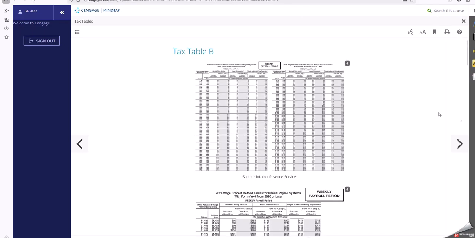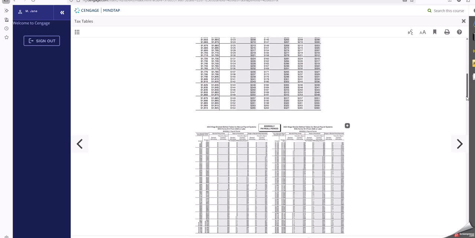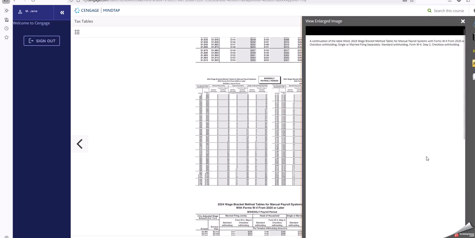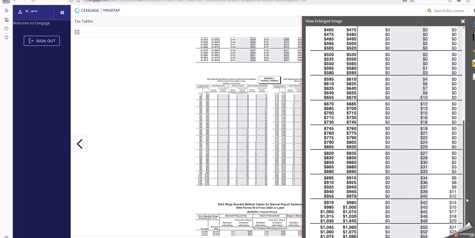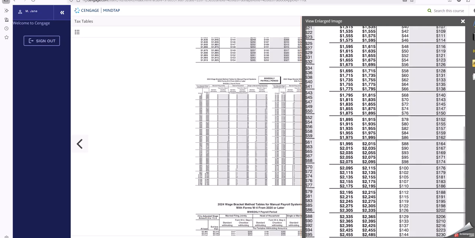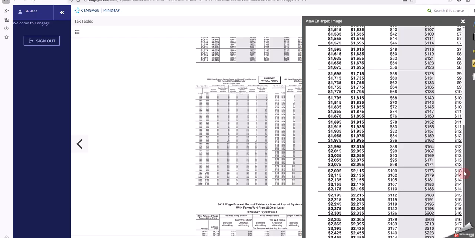All right, let's go down. So we want to find the biweekly one. There's biweekly. And then it's 1,775. So I have to go over to the other side to get to that amount. Again, it's going to cross over those two.